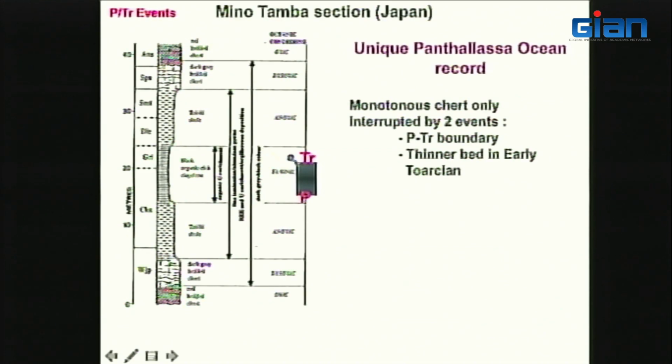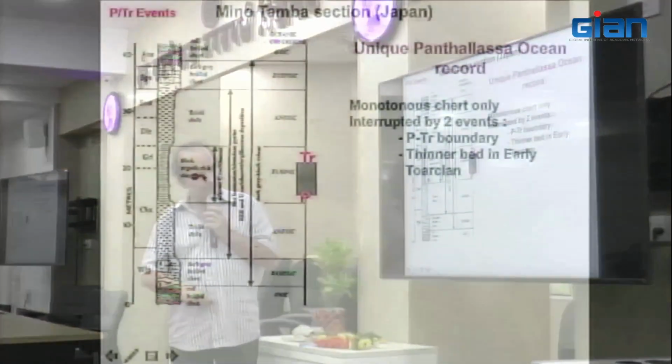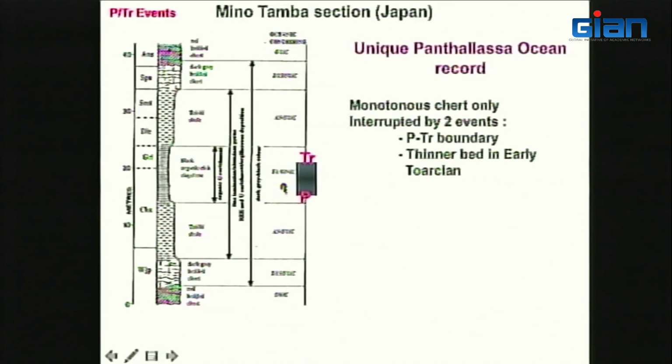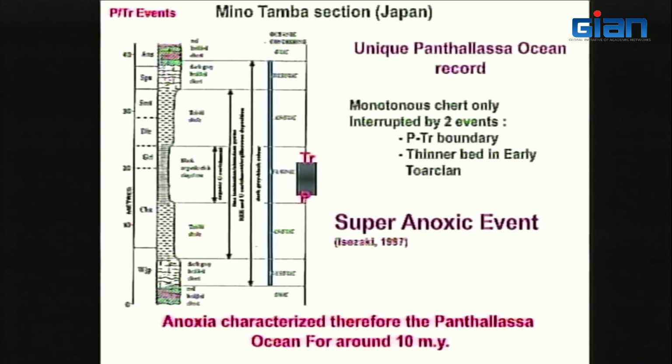In the middle of a big ocean, at maybe 200,000 meters deep, you get exactly the same Permian-Triassic boundary expressed by black shale deposition. That's why a lot of people were talking about a super anoxic event during this time, which may explain this super extinction that I am talking about.